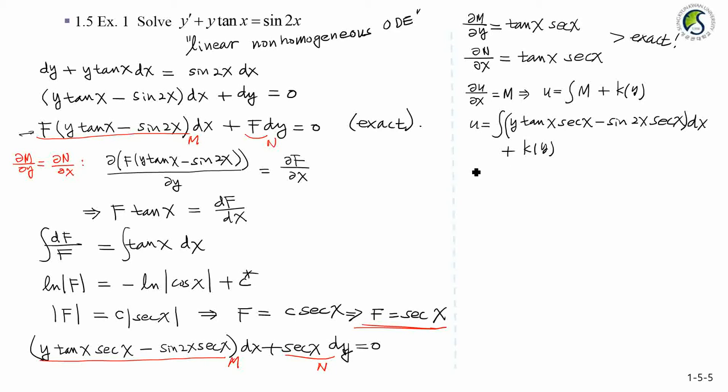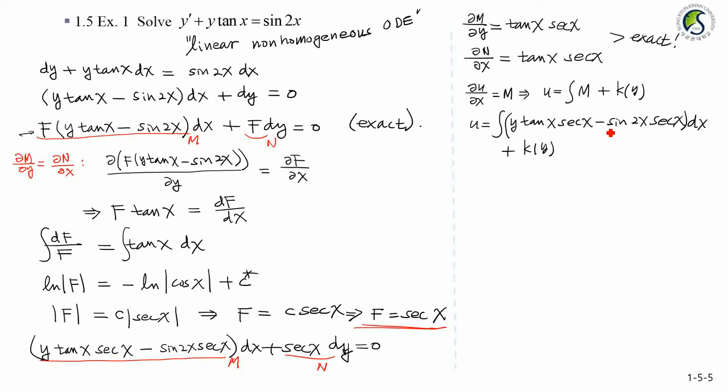And we have to utilize du over dy is N, so du over dy equals, let me take it back. We have to evaluate that integral first before we move on.